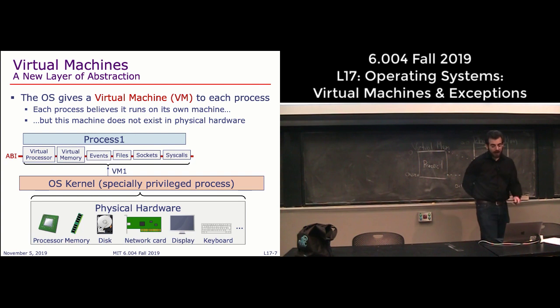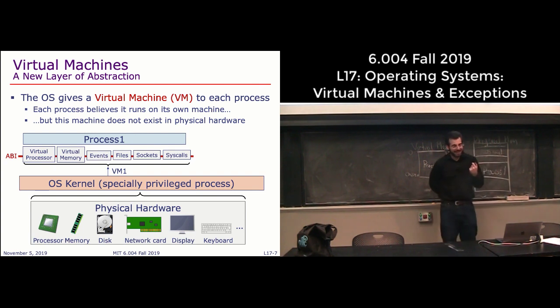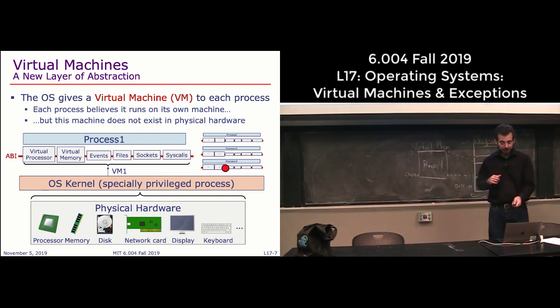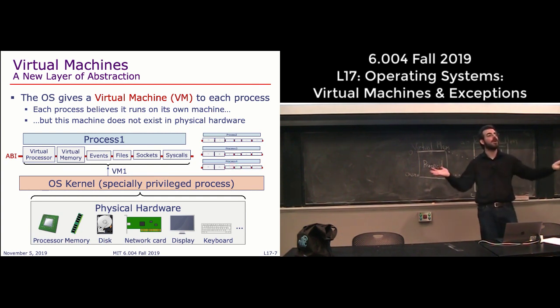So if you look at it from the view of the process, all the process sees is this interface, and all the process believes is that it's running alone in the system, right? But in fact, the operating system provides a different virtual machine for each different process, right? So you can have processes 2, 3, and 4 here with their own virtual machines.